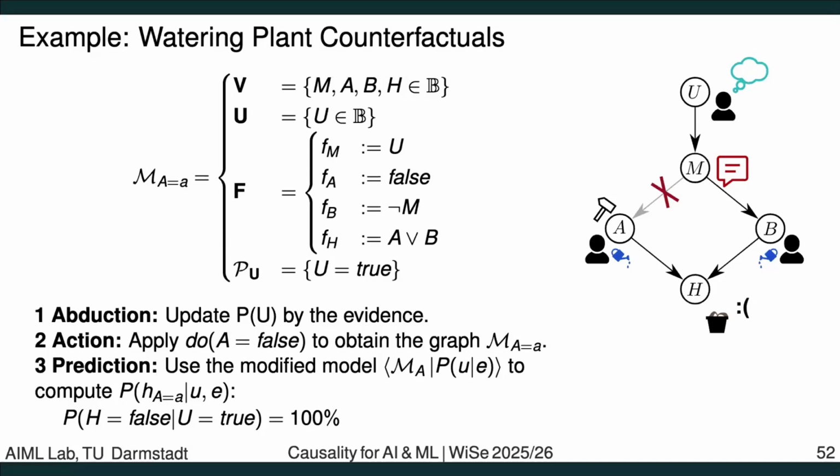This edge doesn't exist anymore. A will stay false because we intervene on it. B will be false because it's the opposite of B. Oh, does it say? Yeah, right, because M was true, B will be false. So A is false, B is false, and the plant is no longer healthy, or would not have been healthy.